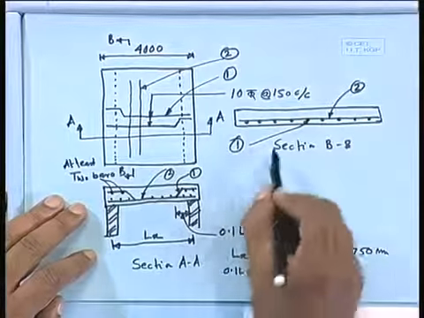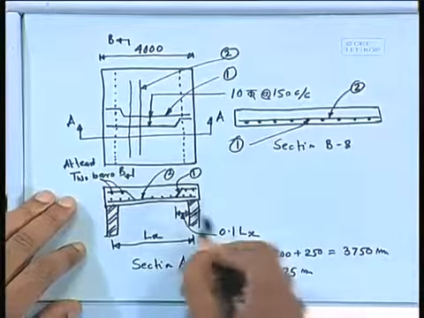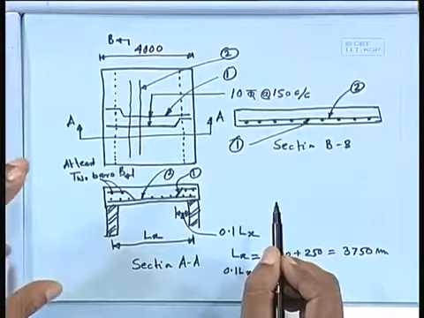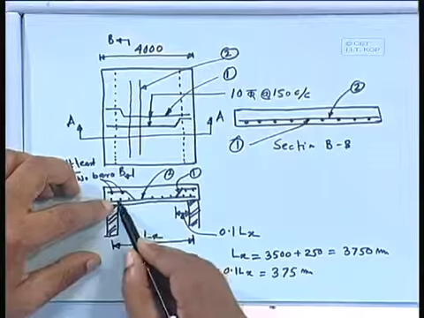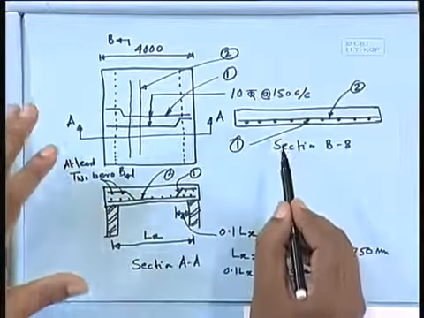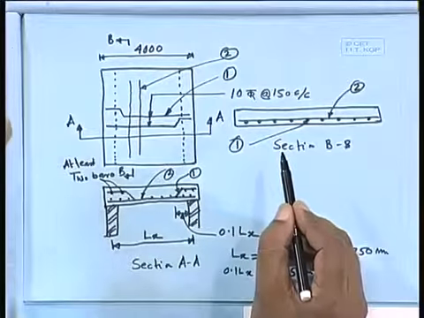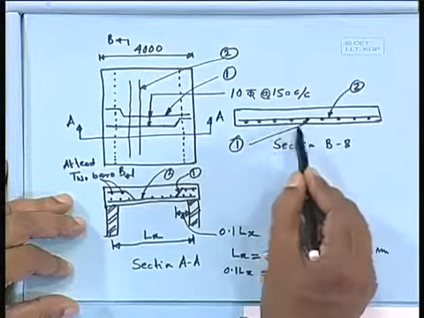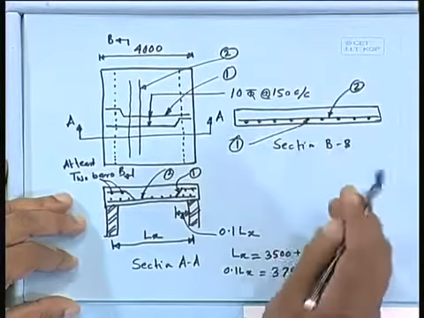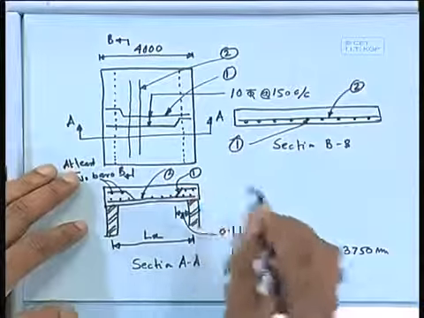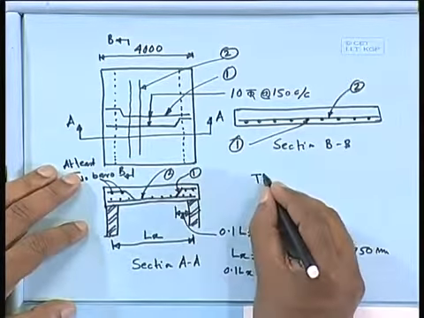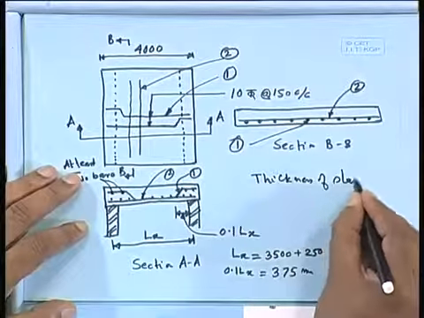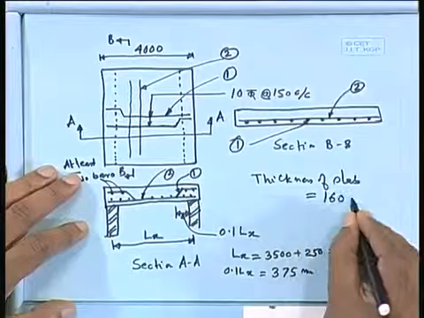You can see the main reinforcement will always have the maximum effective depth. This is your main reinforcement, so that should have maximum effective depth. That's why it is always below the distribution steel. Also we provide the thickness of slab, here 160 millimeter.